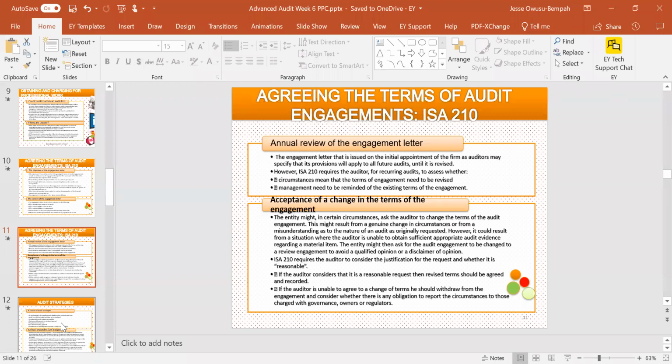So there are situations where there might be a misunderstanding. If there's a misunderstanding, that could also cause a change. However, it also could result from a situation where the auditor is unable to obtain evidence, like the one we are talking about regarding the material item.